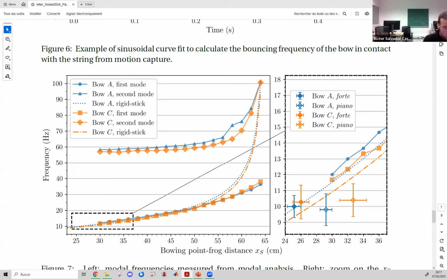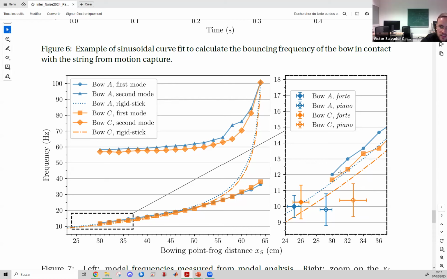That is what we discovered, and it's well explained by the theory, in particular from a model of Askenfeld that was reused by Goff at the time. And there is a variation, and I tried to explain the displacement of the bouncing point towards the tip. It could be explained by this shift in the frequency.